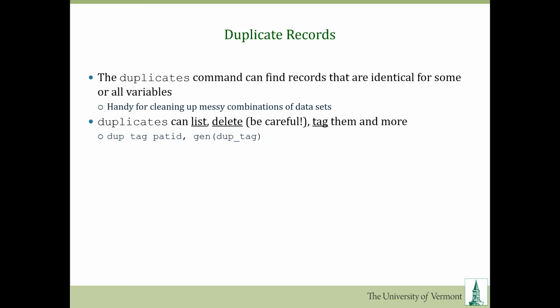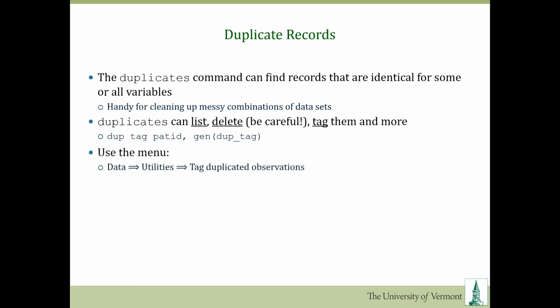The delete command, you can make a mess, so be careful. And here's an example. Duplicate, you can shorten it to dupe. Put a tag based on, if any records have a duplicate patient ID, and then you need an option, it's a required option, generate parentheses dupe tag.